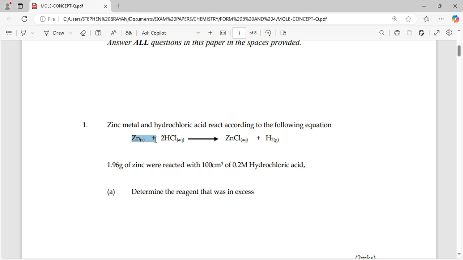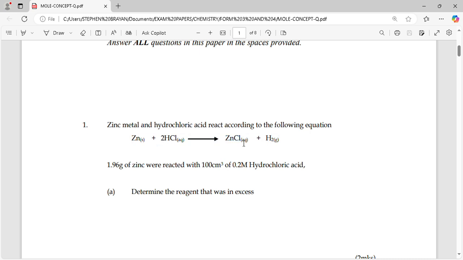The first thing you should always ensure, before you work with any chemical equation, is that the equation is well balanced. If the chemical equation is not well balanced, you are most likely to get wrong answers. So if you look here, zinc is 1, zinc here is 1, chlorine here is 2, chlorine here should also be 2.